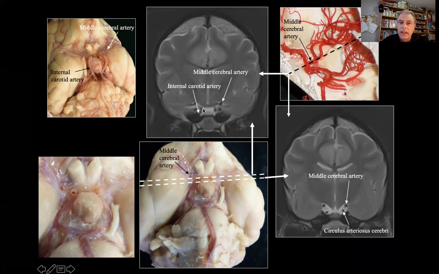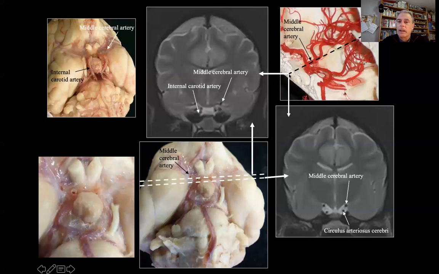So here we have the internal carotid artery, more dorsally the Circulus Arteriosus cerebri, and this branch here corresponds at this level to the middle cerebral artery. Because, as you see, this middle cerebral artery branches off at the level of the presphenoid bone. Here we have the presphenoid bone. Here we have the basisphenoid bone.